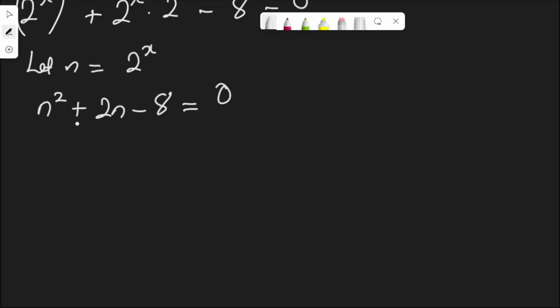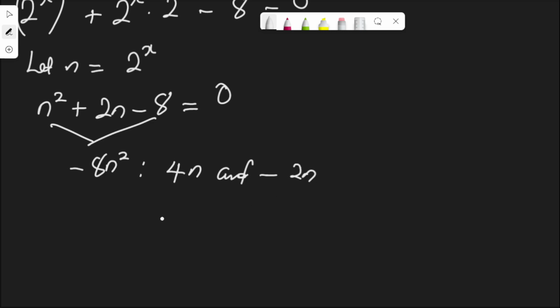Here we've arrived at a quadratic equation. Multiply this and this: n squared multiplied by negative 8 is negative 8n squared. Two factors of negative 8n squared that can give us positive 2n should be 4n and negative 2n.